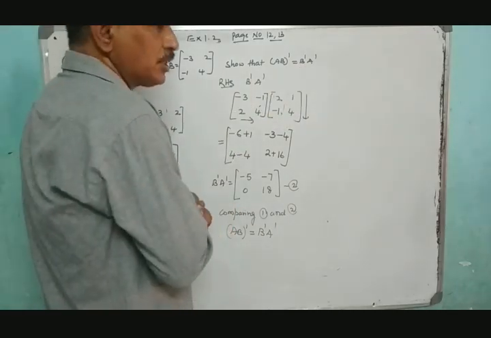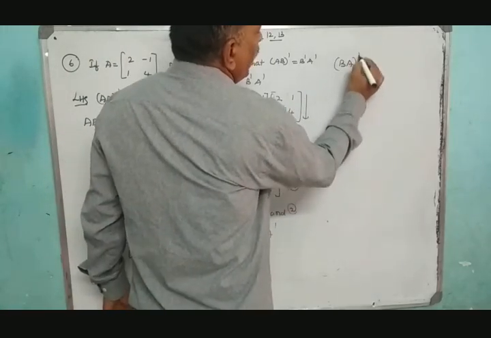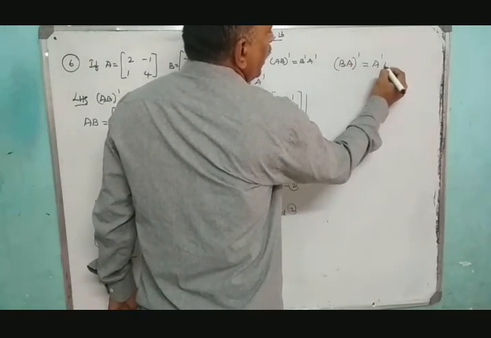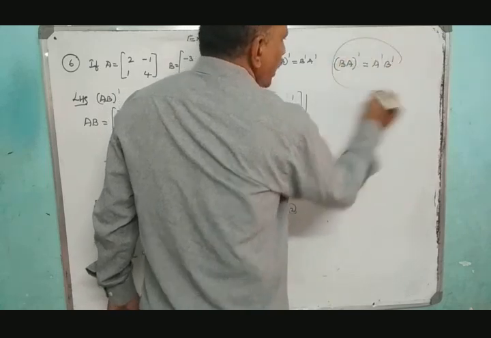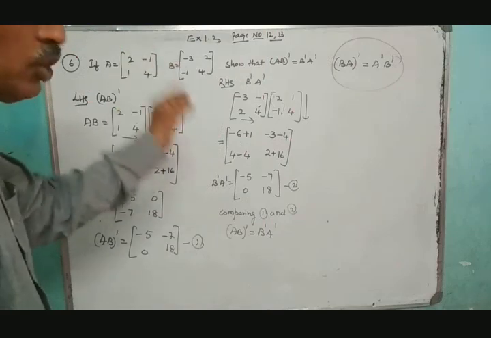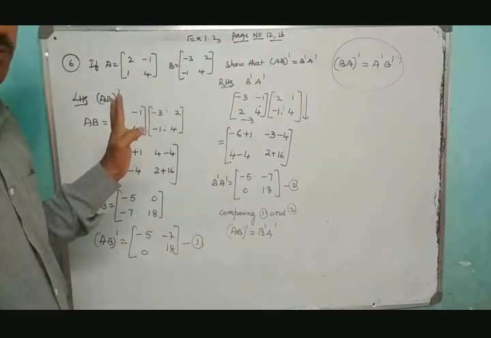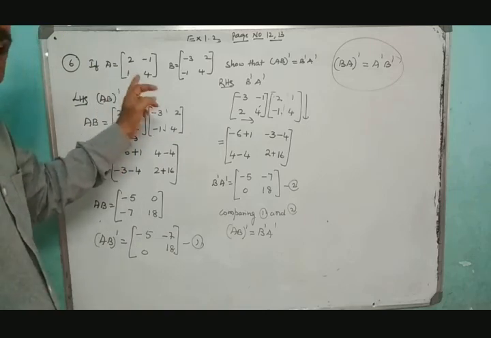Similarly like this, (BA) whole transpose will be equal to A transpose B transpose. Definitely this will be equal. If it is not equal, you went wrong somewhere. Irrespective of the elements, I am telling you.